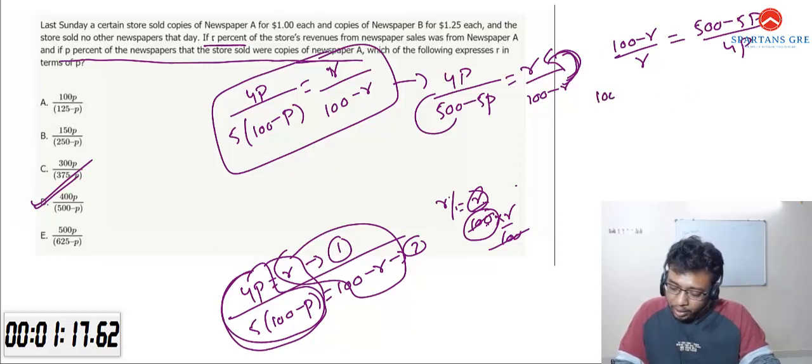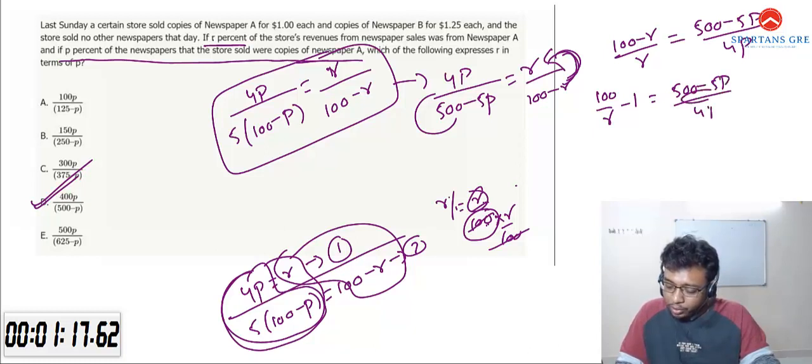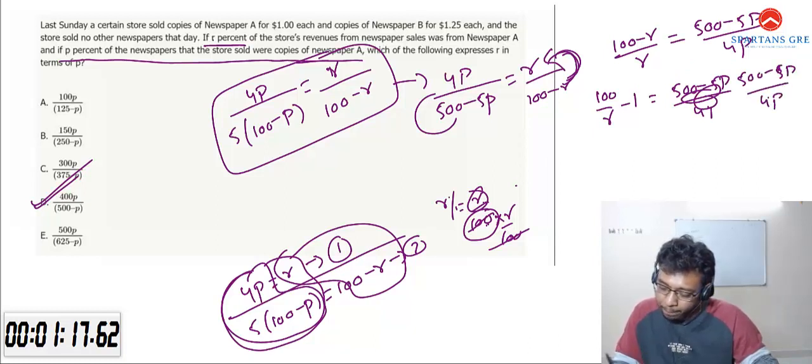Now this one will be 100 by R minus 1. There are two R's, so I am eliminating one R by doing like this. Will be equal to 500 minus 5P by 4p.